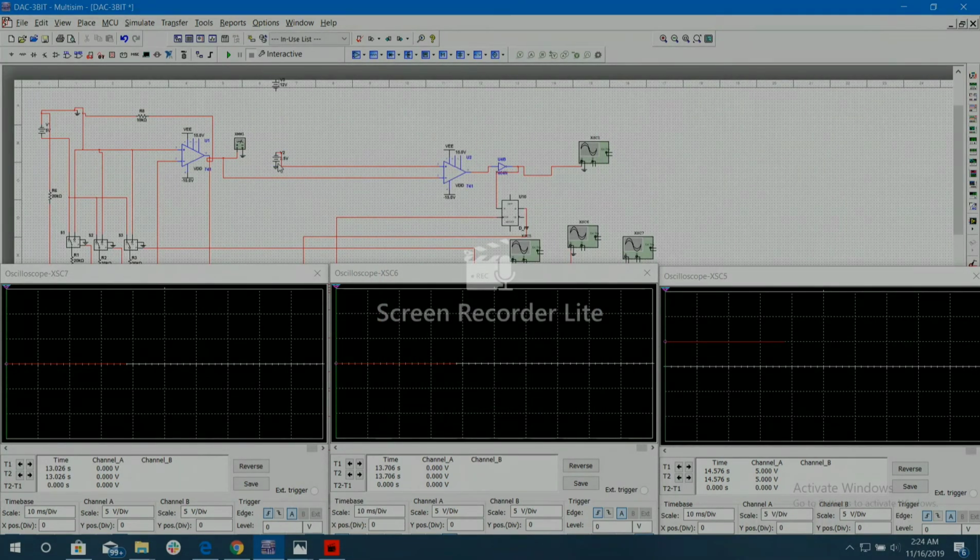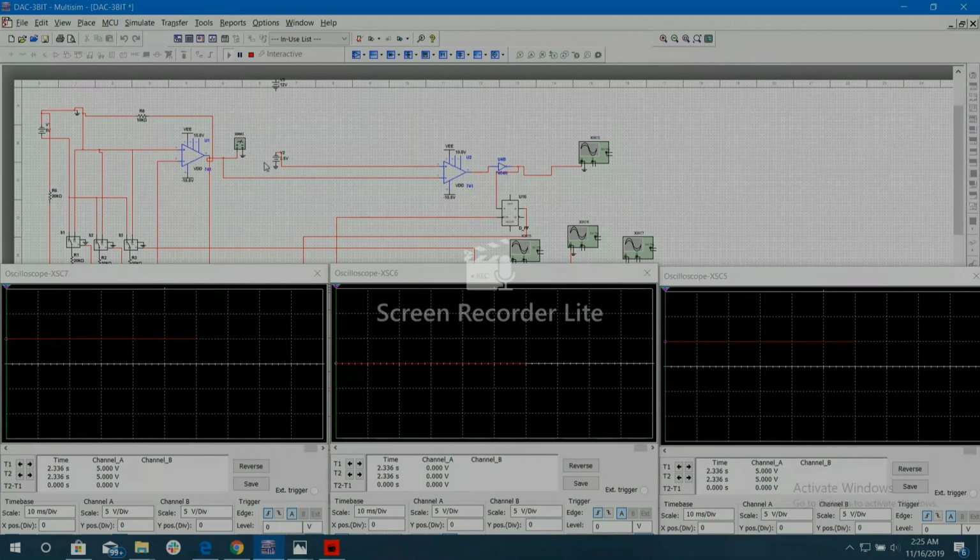If we are giving 3.5, the output should be 101 from the ADC circuit. Let us verify whether we are getting that or not. As I said previously, we will get the output after 2 clock cycles. Yes, 2 clock cycles are done and the output is fixed as 101. This is the required output.